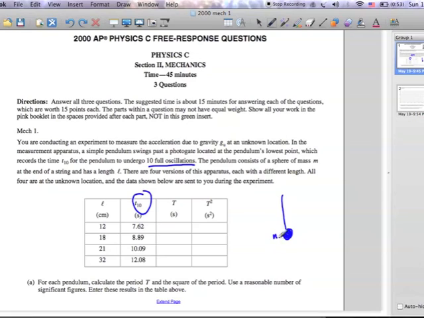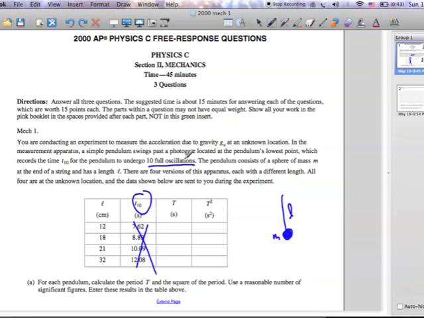There are different lengths, and each length has a different time for 10 periods. So instead of using these values for our project, our video, we calculated these on our own.